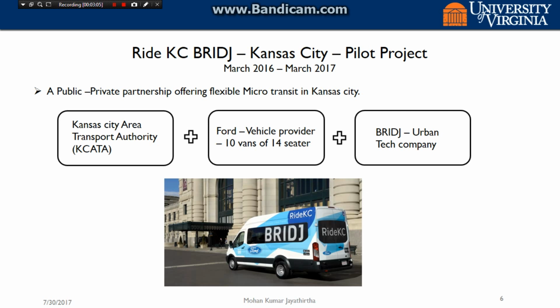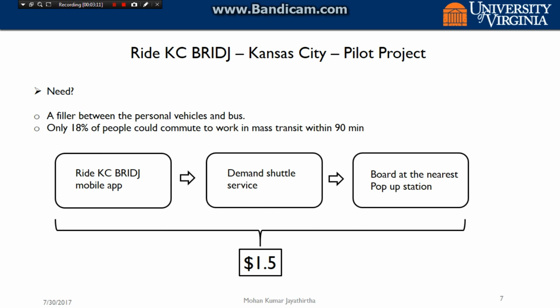Ford was in charge of offering vehicles, and 10 vans of 14 seats were used. A 14-seater is the middle space between a personal vehicle and a big bus.